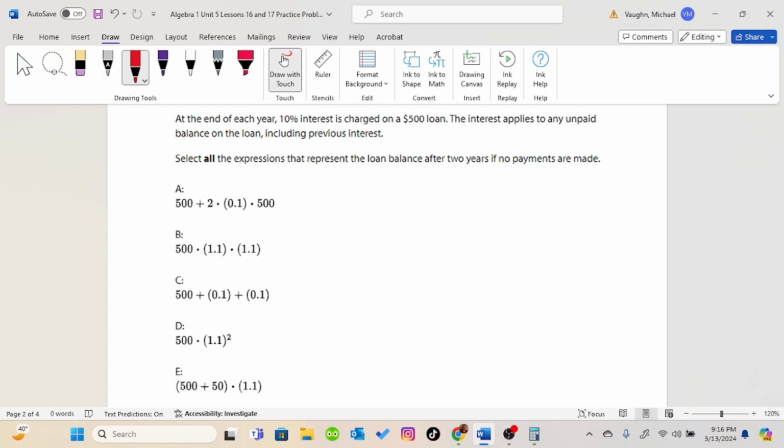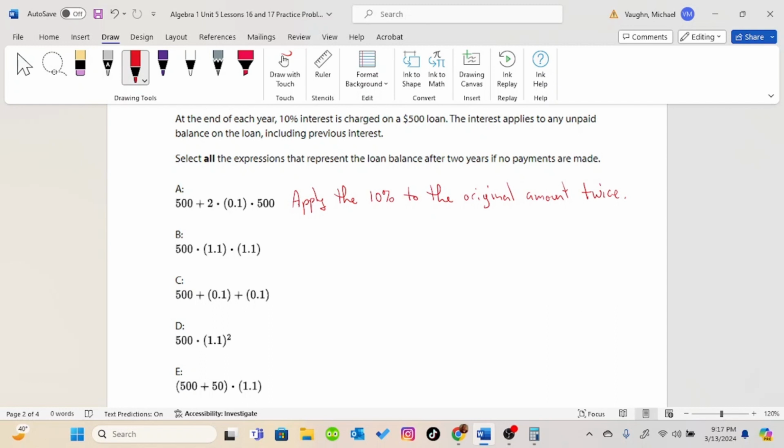So this is wrong because they apply the 10% to the original amount twice. And that's not what we're trying to do.